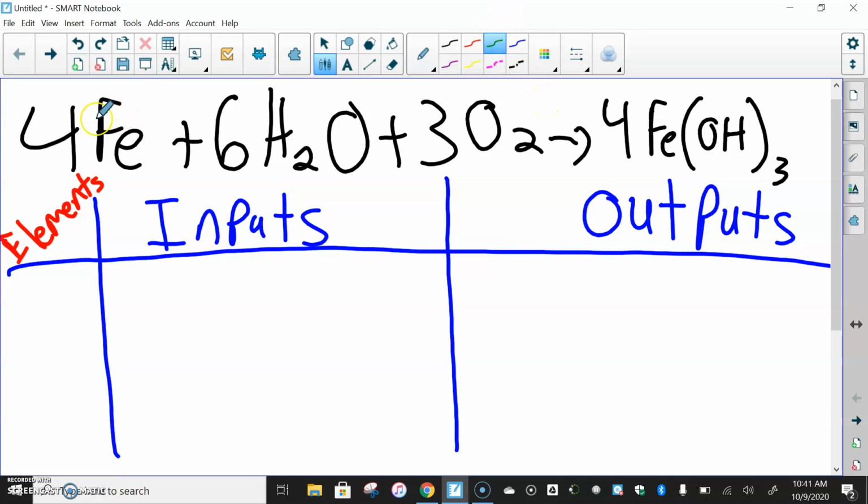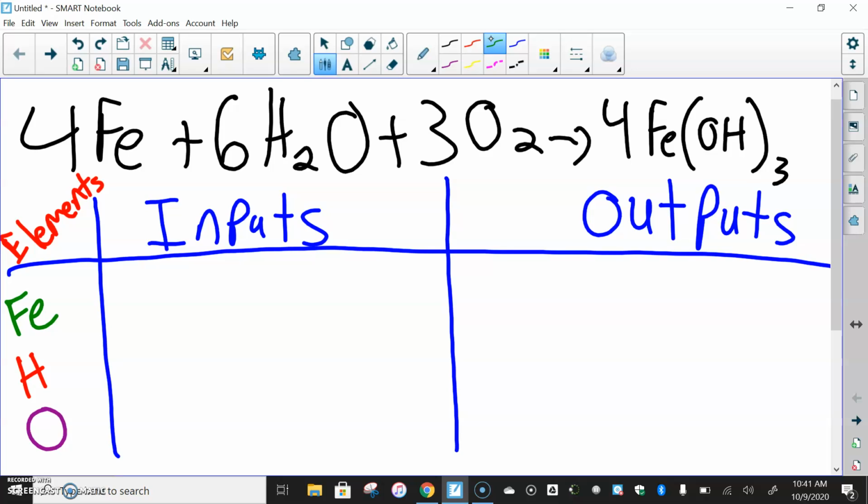Let's look at iron. Okay, so we have iron and iron, so that's one element in my equation. Looks like I have hydrogen and I have hydrogen. And then it also looks like I have oxygen on both sides. Those are my three elements that I'm going to be looking at on both sides.